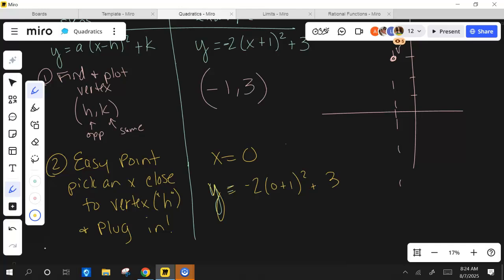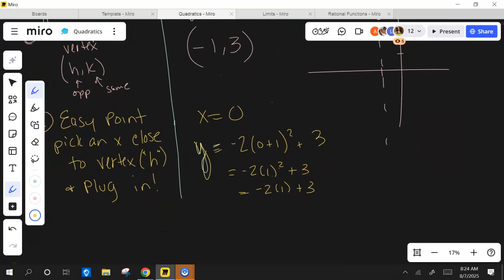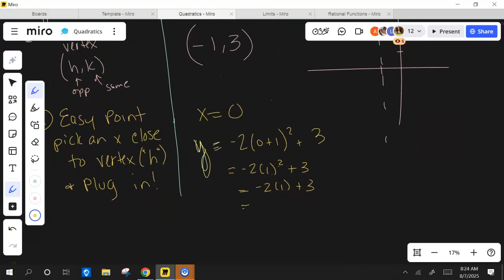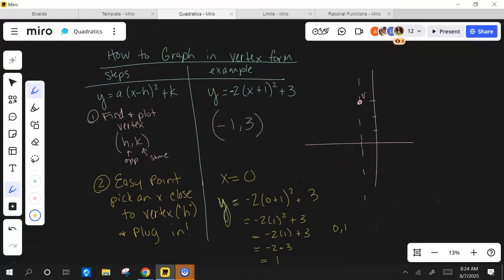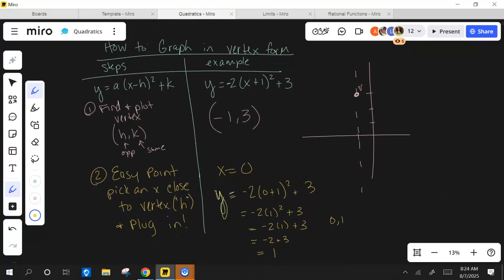So 0 plus 1 is 1. 1 squared is 1. You don't have to take quite this many steps, but I want you to see the progression with the order of operations here because that's where everybody always messes up. -2 plus 3 is, of course, 1. So what are the coordinates of that easy point? 0, 1. So we did, in fact, find the y-intercept, but notice it wasn't given anywhere in the equation.